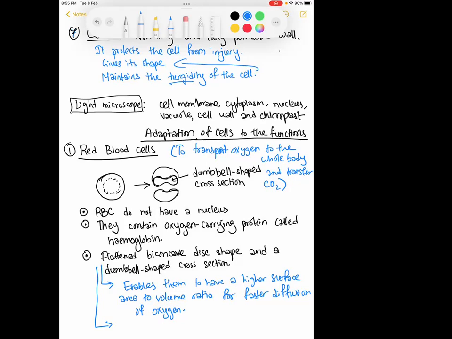So yeah, it allows the cell to be more flexible to squeeze through blood capillaries.